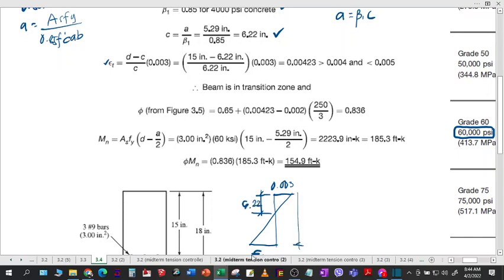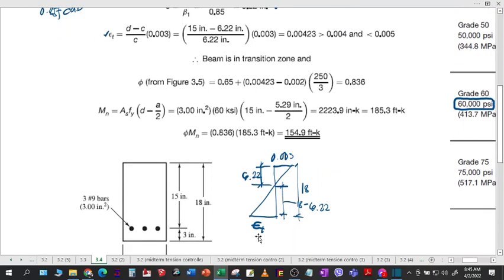This one is given in the problem. This is 18 inches. And this one is 18 minus 6.22. So we can solve for the tension in steel using ratio and proportion.